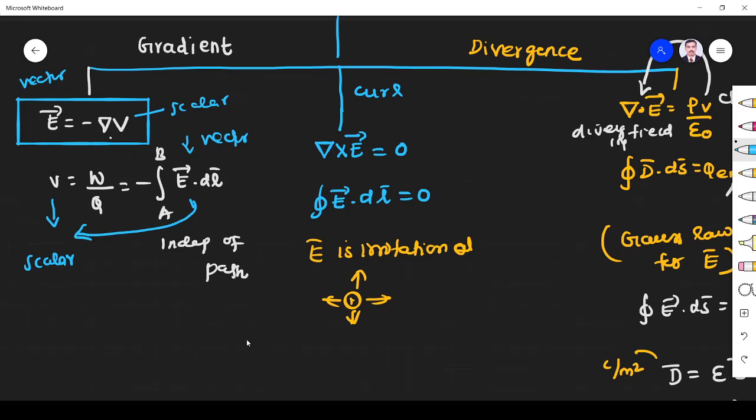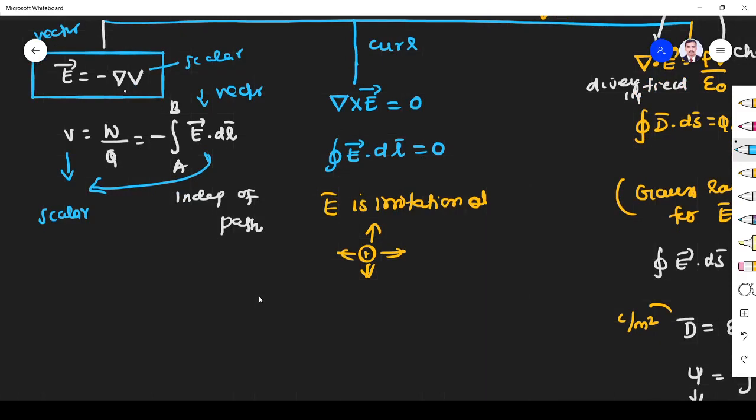Fine. Now we developed a potential. So potential due to various configurations we must know. First thing is potential due to point charge. What is potential? Potential is work done per charge.